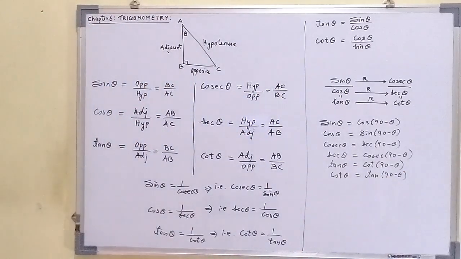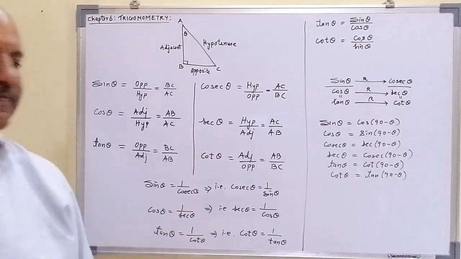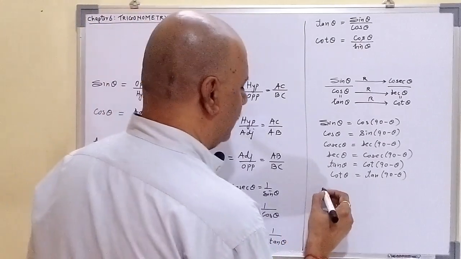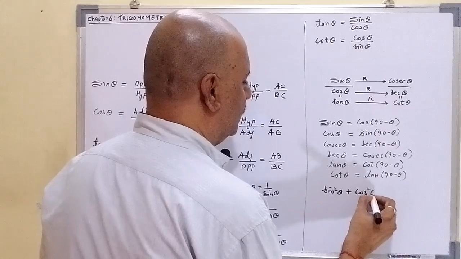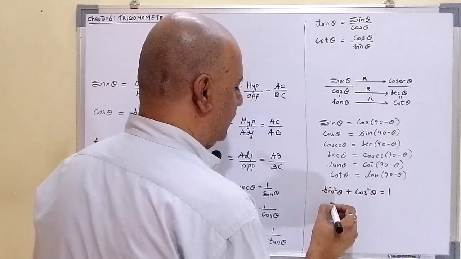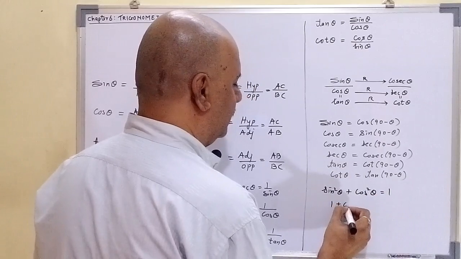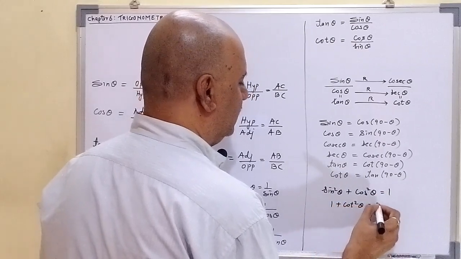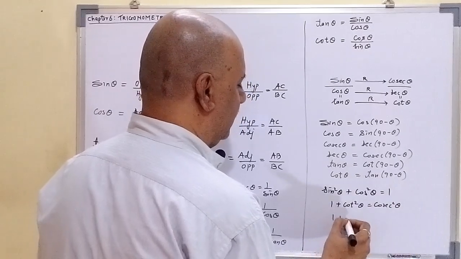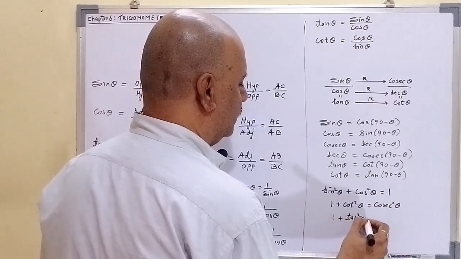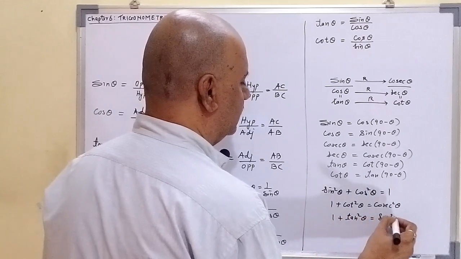और है, there is little bit more information left. वो है sin square theta plus cos square theta is 1, 1 plus cot square theta is cosec square theta, 1 plus tan square theta is sec square theta.